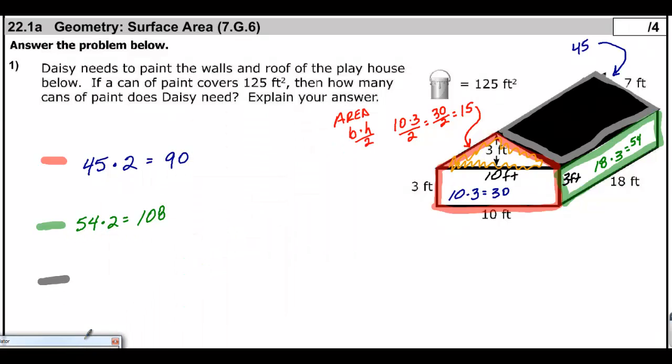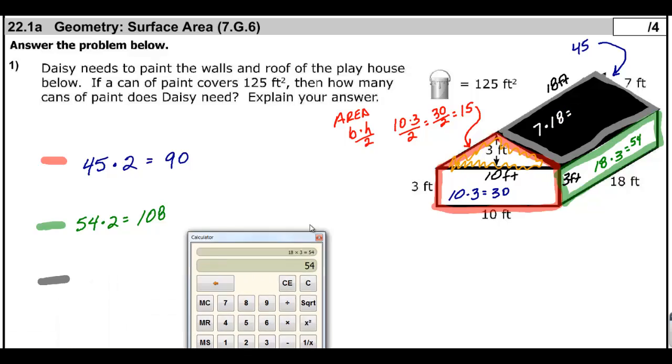Finally, let's get our calculator out of the way, we have this roof section. That roof section is 7 feet by, and since this is 18, this is 18 feet also. So that roof section is 7 feet by 18 feet.